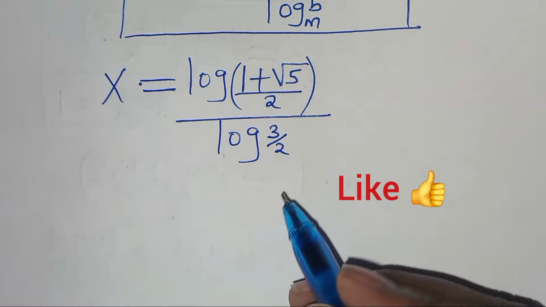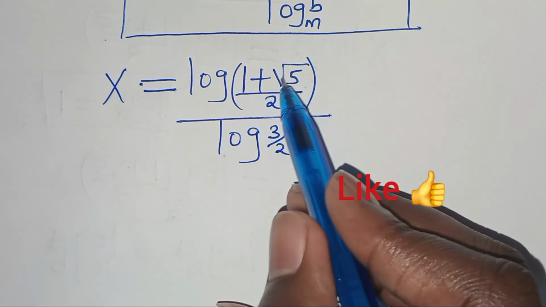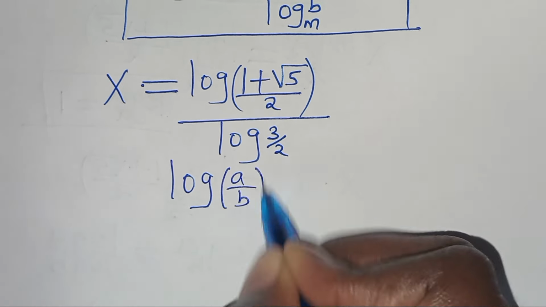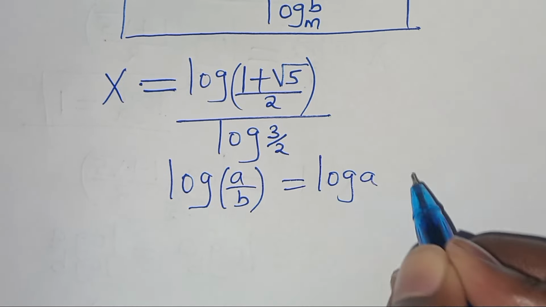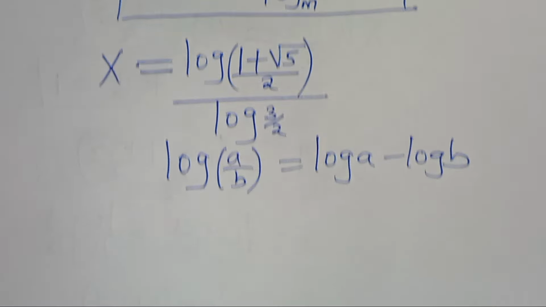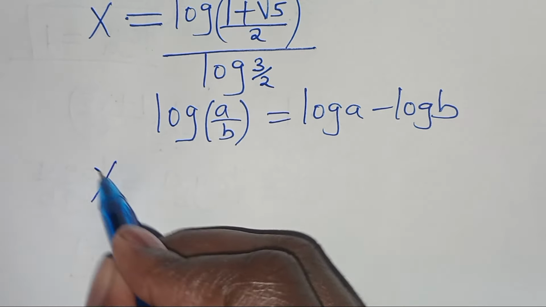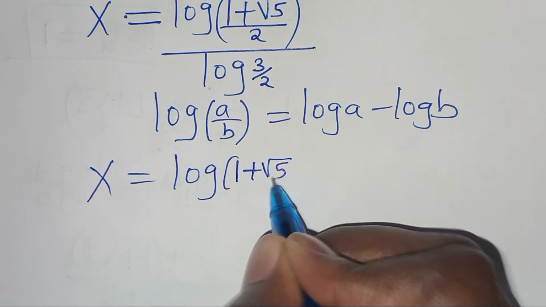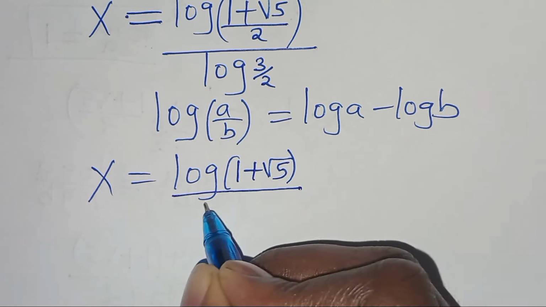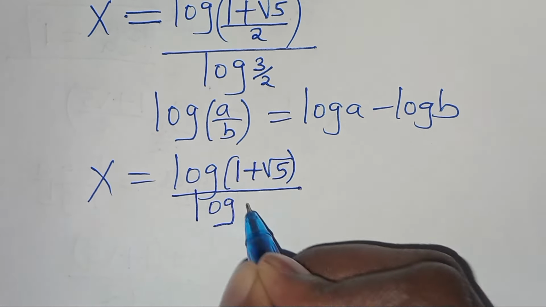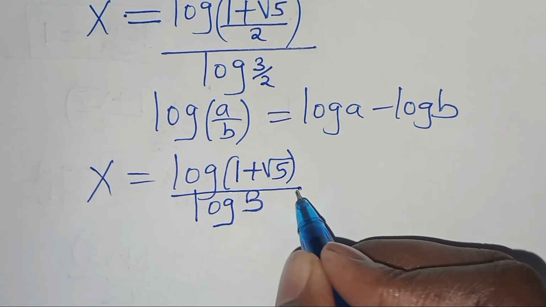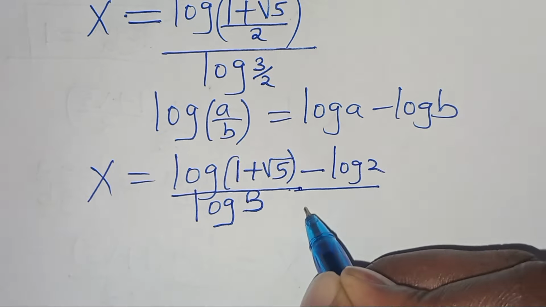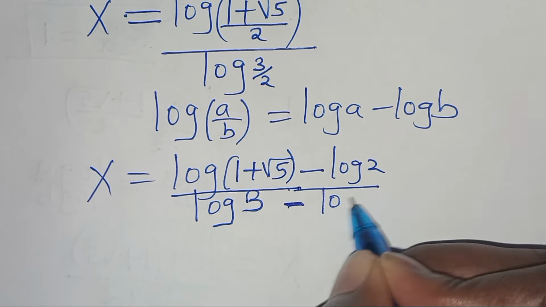So that now from here we have that log of 1 plus square root of 5 over 2, this is in the form of log a over b, which we can express as log a minus log b. Let's apply this property, so that now we have x is equal to log of 1 plus square root of 5 divided by, this is log 3 minus log 2, divided by log 3 minus log 2.